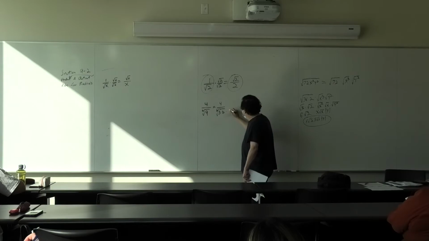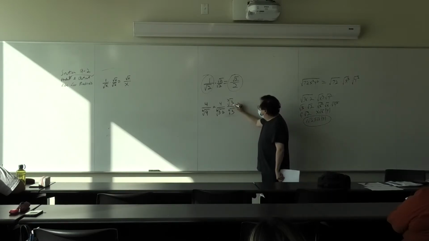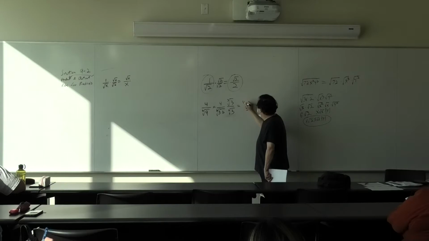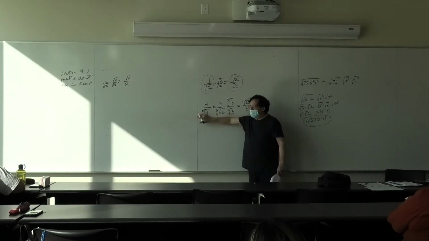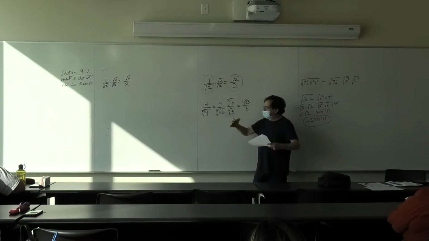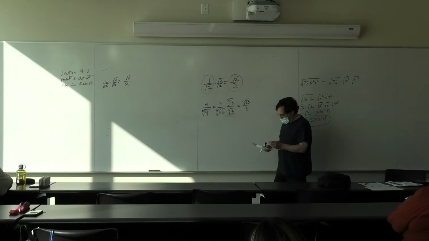Well, I need another cube root of 3. So I have to multiply that by the top and the bottom. So now I have the cube root of 3 times 3 times 3 is 27. So that's just 3. And on top I have 4 times the cube root of 3. So when you have a radical with more than a 2, sometimes you have to add more of those, whatever it is you're trying to get rid of.